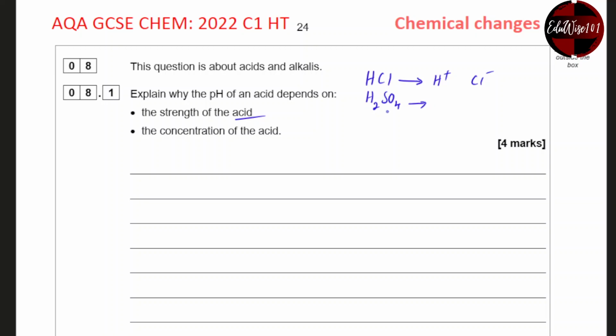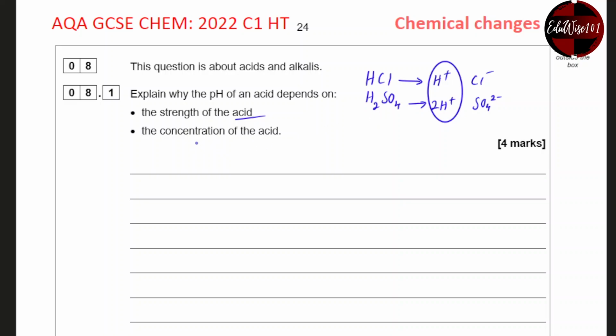Sulfuric acid, there's two hydrogens, so it's 2H+ and 1 SO4 2- ions. Now, the acidity depends on the H+ ions. So sulfuric acid is a stronger acid than hydrochloric acid. So you can see what they mean by the strength.